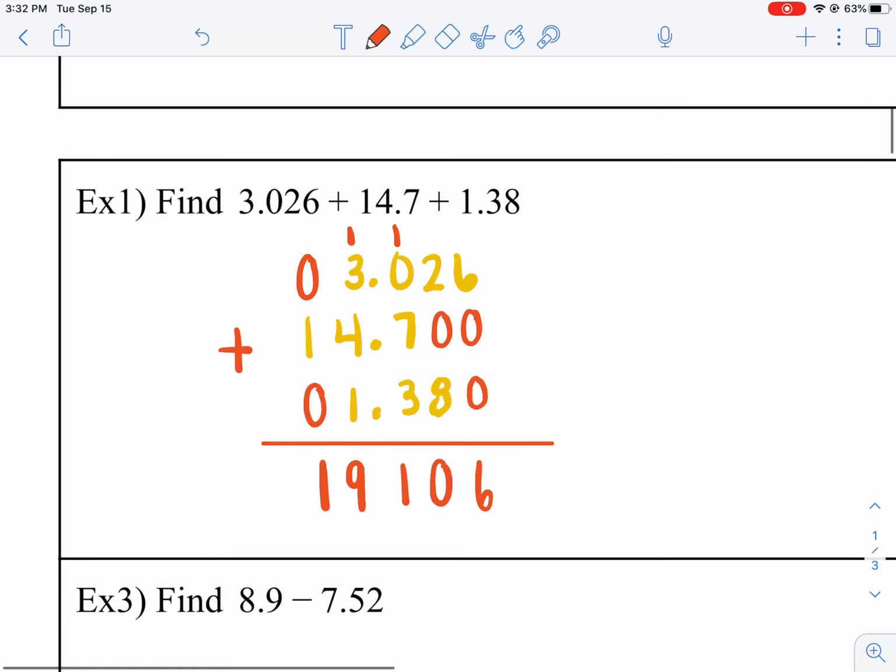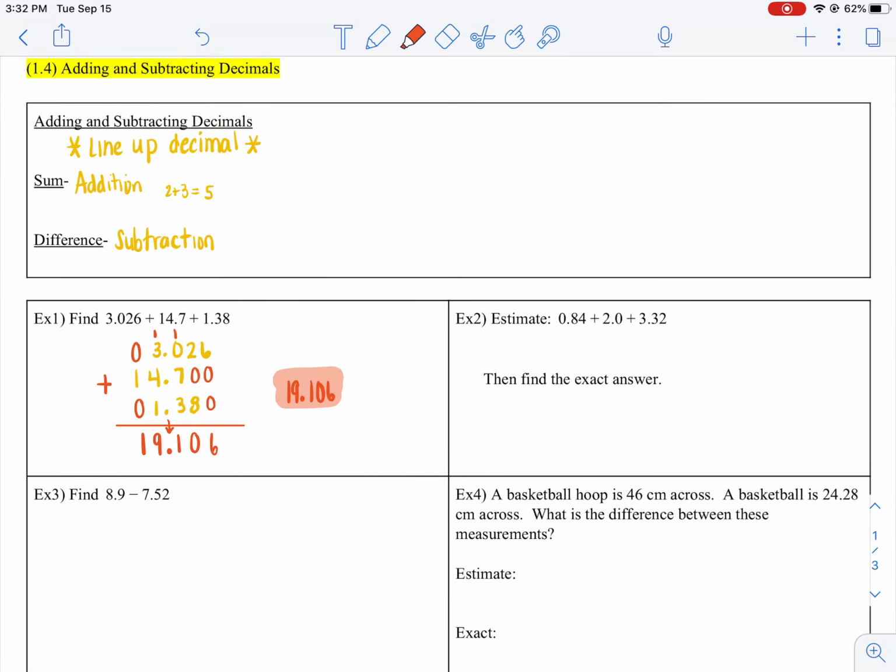And then 0 plus 1 plus 0 is 1. It's important that we also bring down our decimal place exactly where it was. So the answer for this question is 19.106, or how we would say that in words is 19 and 106 thousandths.